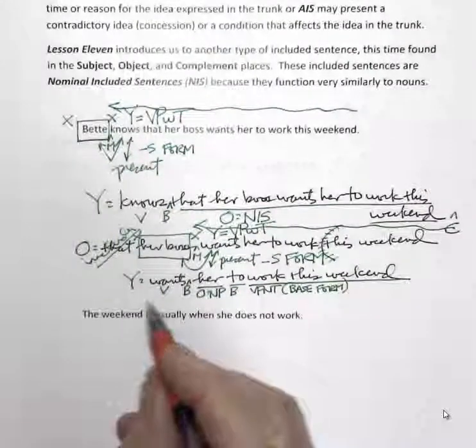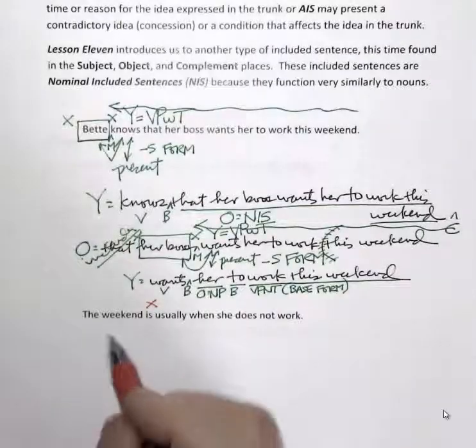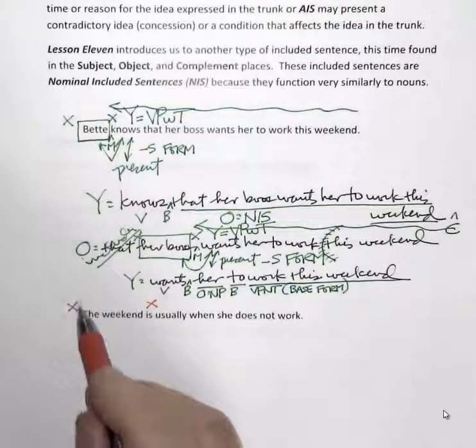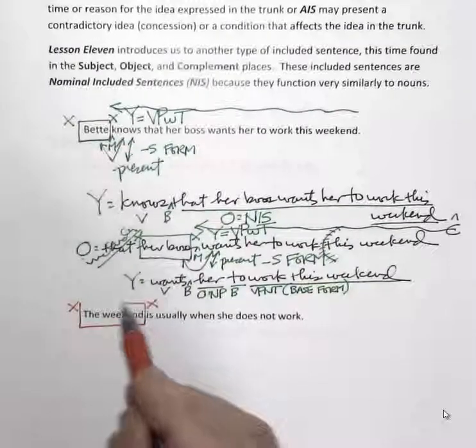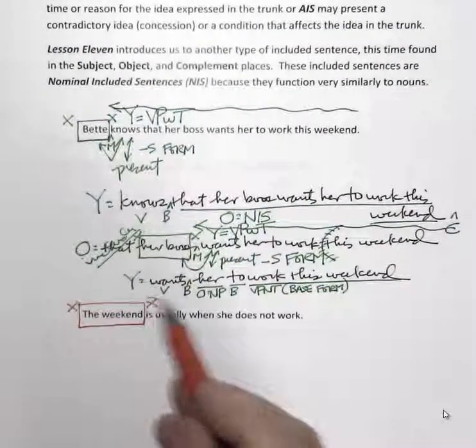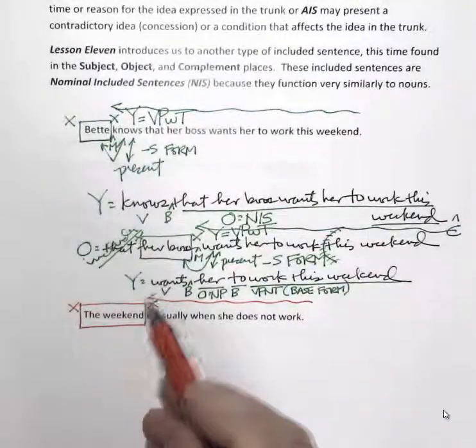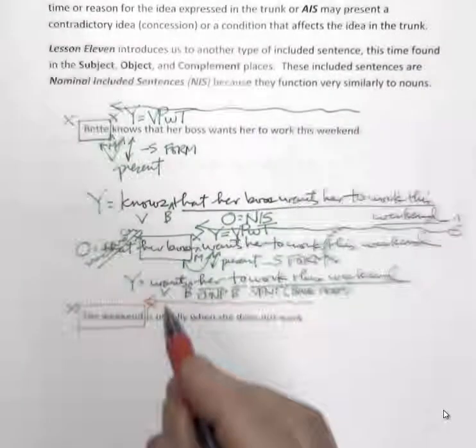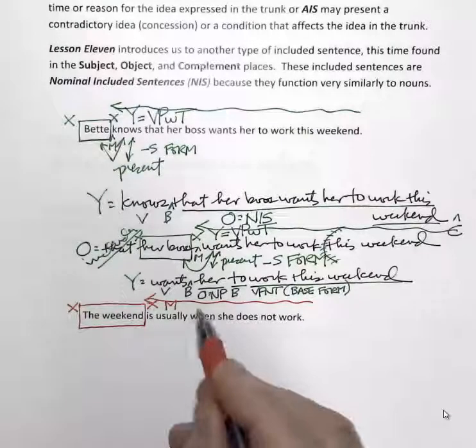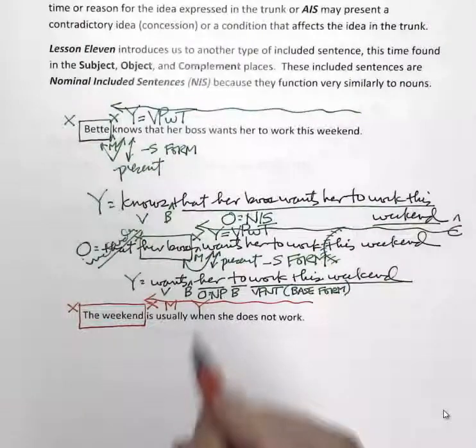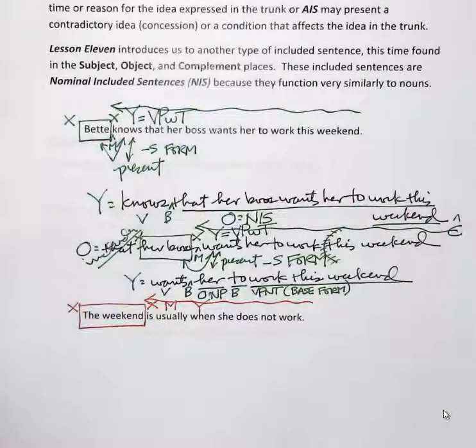So let's take a look. The X word is the weekend. The weekend is the subject. It's between the X words. The predicate usually is an M word. And Y is when she does not work. I see right now for sure it's not a shifter.